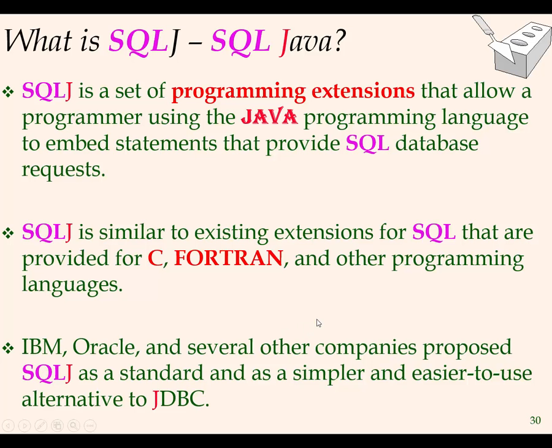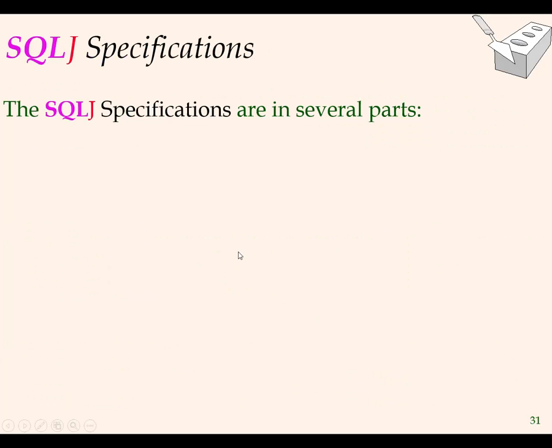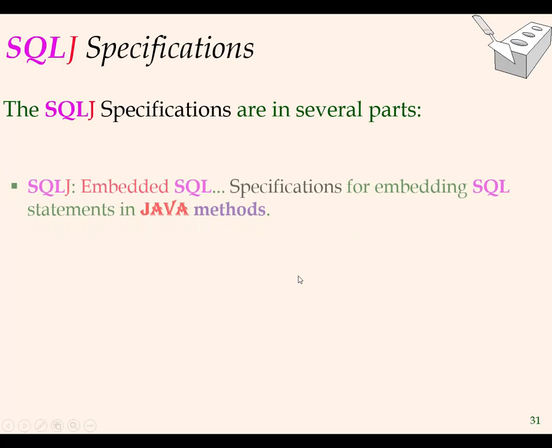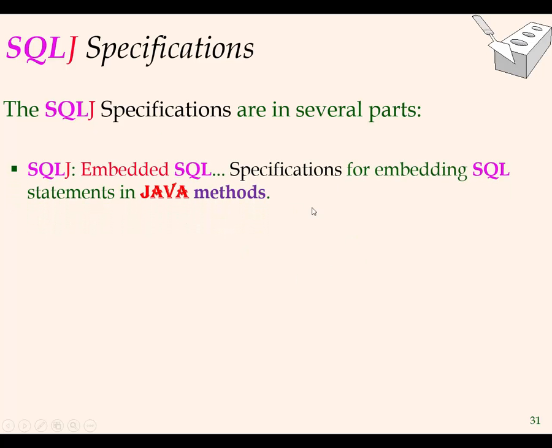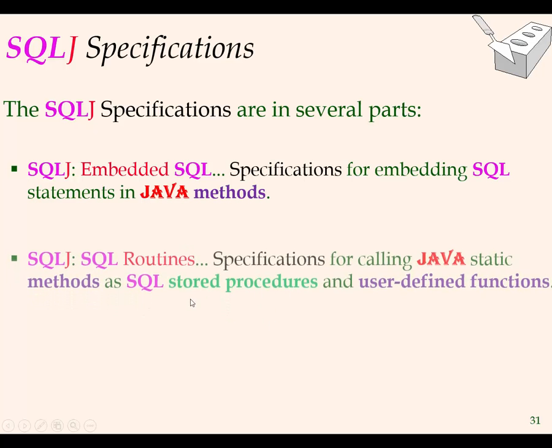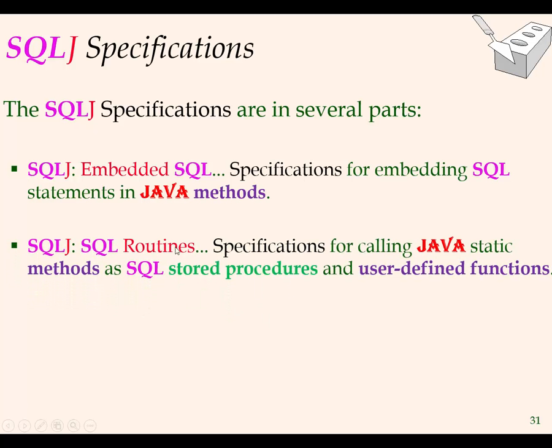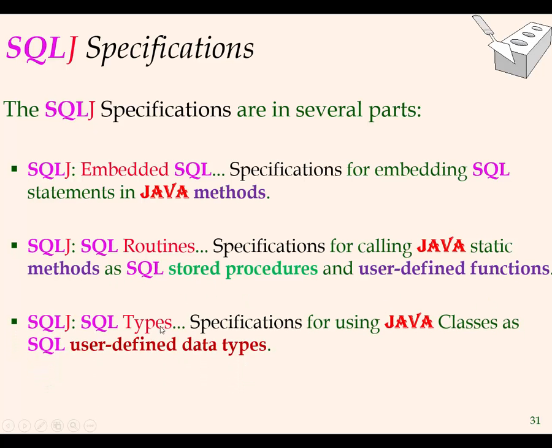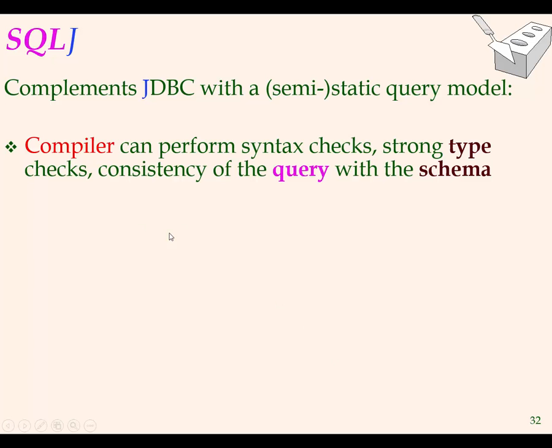It's an alternative to JDBC in case you are not very comfortable with that. The specifications cover how you embed SQL in Java, how to write SQL routines, user-defined functions, stored procedures, the SQL data types, and using Java classes as SQL user-defined data types.